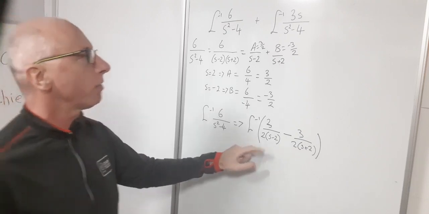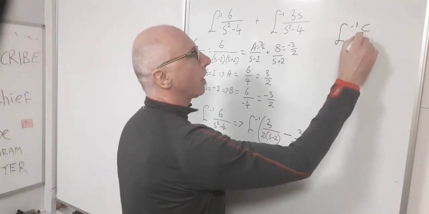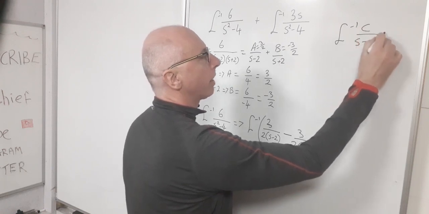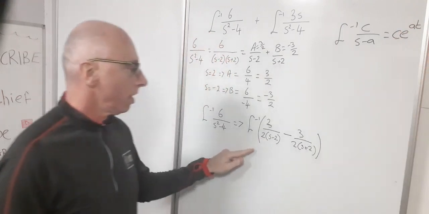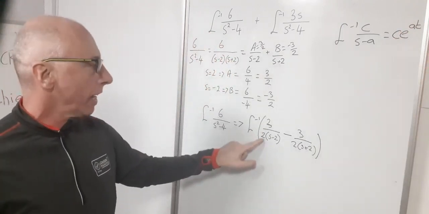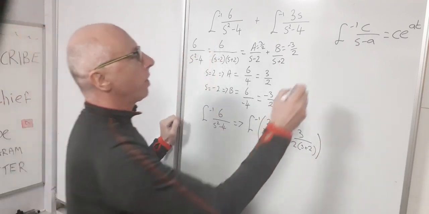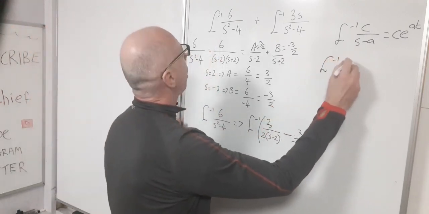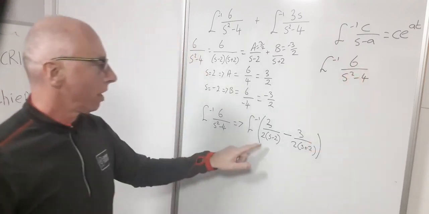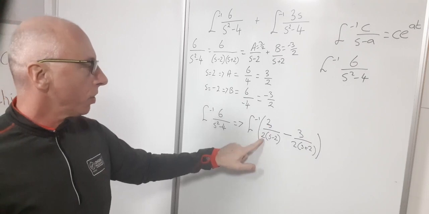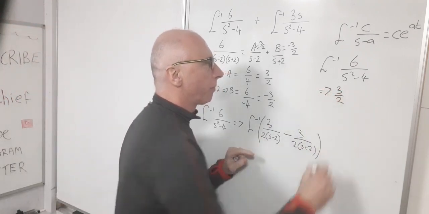Now here, my general formula I can use is the inverse Laplace of c over s minus a. That is c e to the a t. So these ones here, taking out my constants, I can write the first one, the inverse Laplace of 6 over s squared minus 4. Now here 3 over 2, so I can have a constant. So 3 over 2.